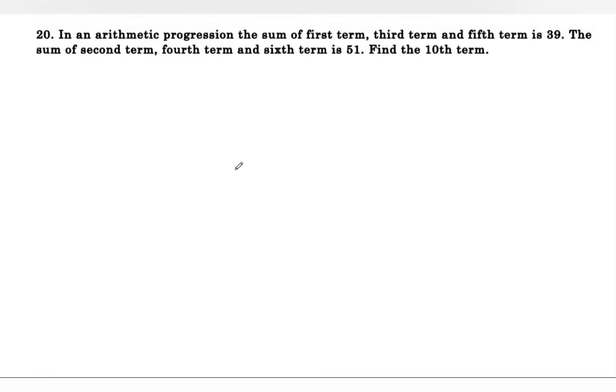Moving to question number 20 from the unit arithmetic progression, a very important 4 mark question. In an arithmetic progression, the sum of the first term, third term and fifth term, that is a1 plus a3 plus a5, equals 39. This is the first condition.